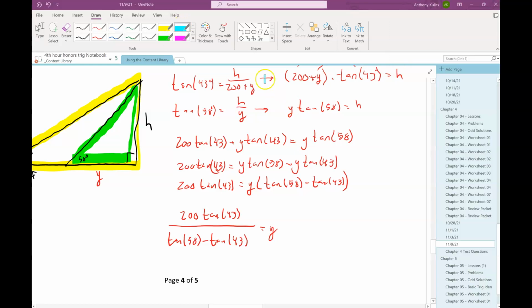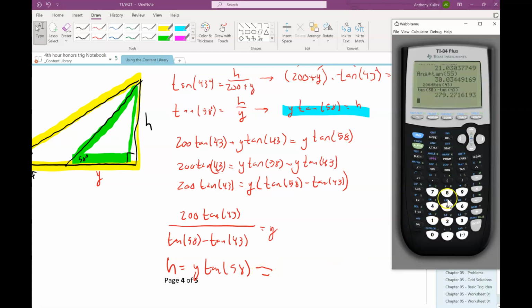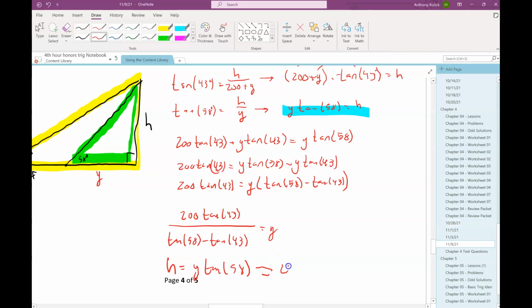If I go back, I can solve for h using that equation. So using my answer for y, I can just multiply that by tan 58. And there we go, 446.93.